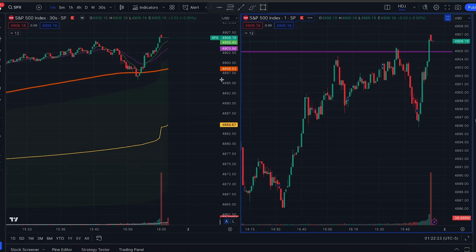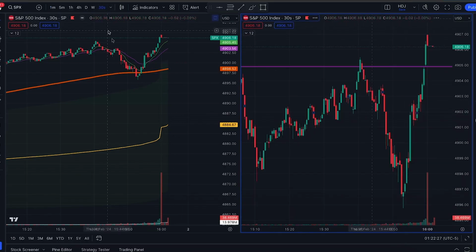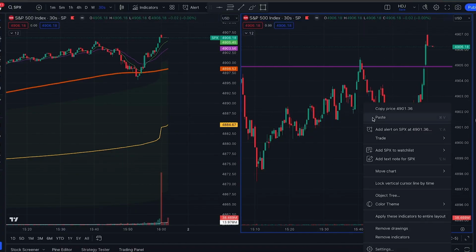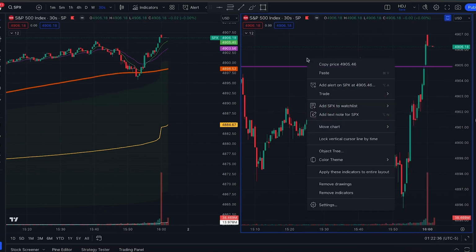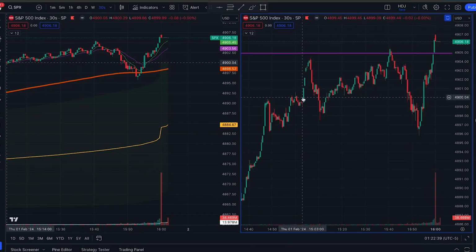So if you just look at SPX, now 30 seconds, okay. Let's zoom out.